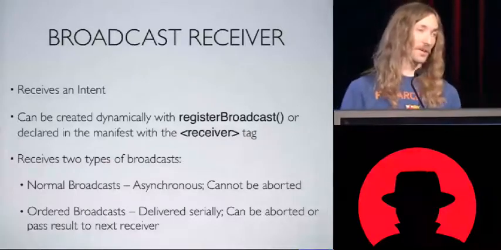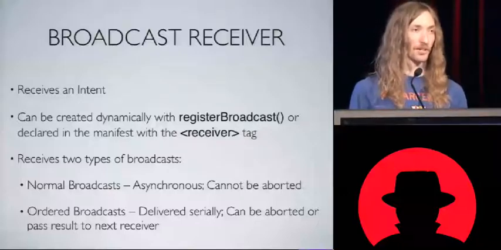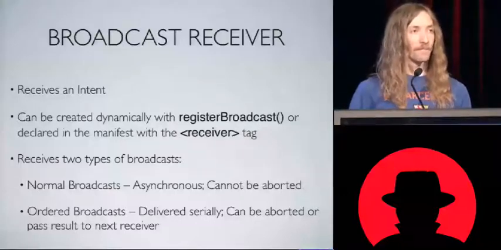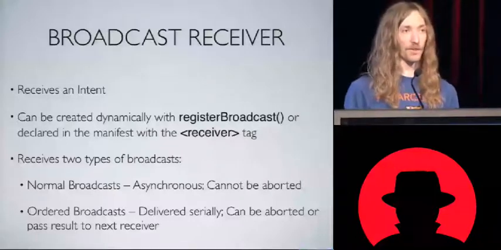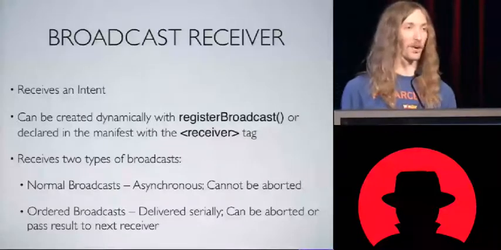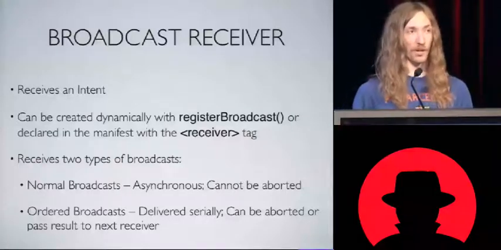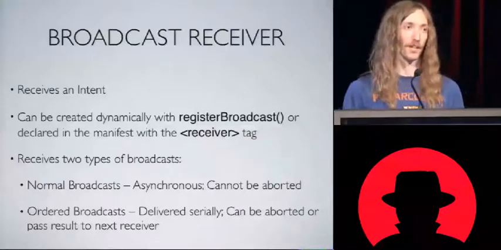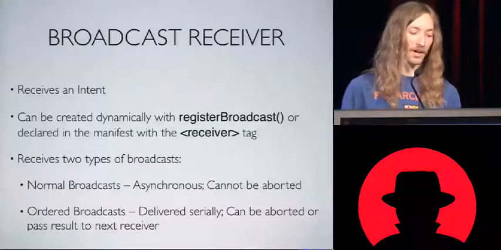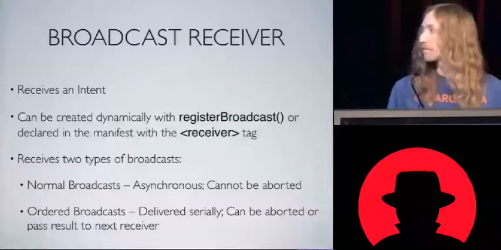This is a broadcast that's sent out sequentially to all the receivers. So as it goes down the line, a receiver will receive the result from the previous receiver and do any kind of processing they want on that. They have the option to abort that broadcast, and from that point it won't go any further down the line to any of the other receivers. And also we can pass our own result to the next receiver down the line.